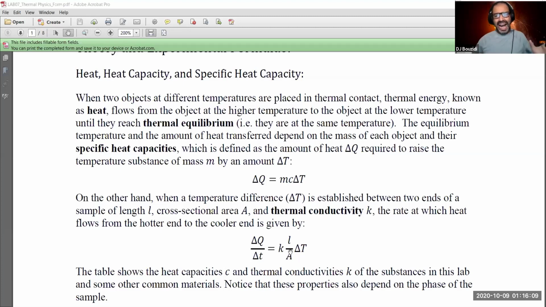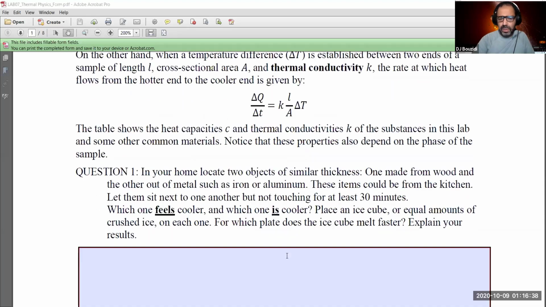And of course, the higher the gradient in temperature, the higher this rate is. So if the outside temperature is very high compared to the inside, you will have a lot of heat losses in this case. And every material has its own conductivity. Some materials are poor conductors, some are good conductors. Glass, for example, is a relatively poor conductor compared to metal. So those are some of the properties that we have here.